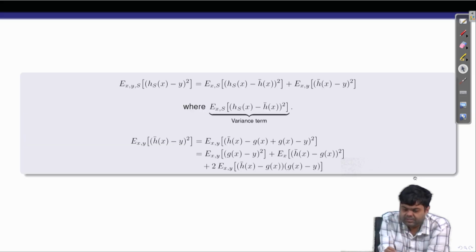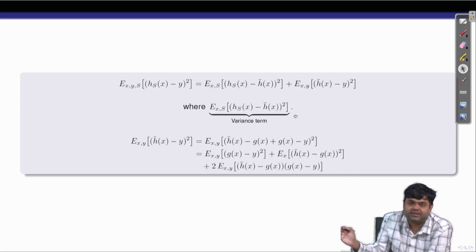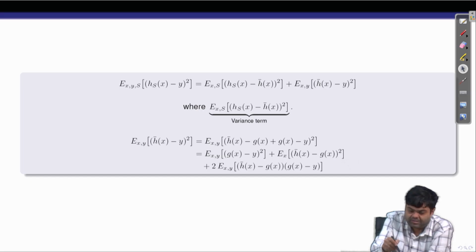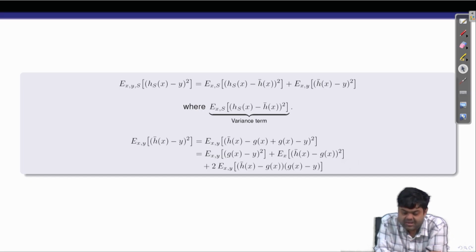Now, you just have these two terms left. This term is your variance term. Already one term in the sum, which was a sum of three things: variance, bias, noise. Variance has already appeared. Let us deal with this term. Again, you subtract g(x) and add g(x).